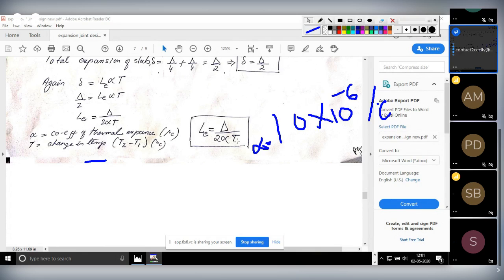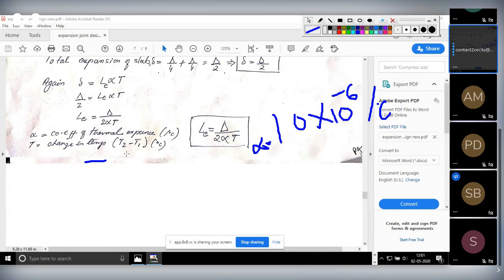Whereas T is the temperature difference, or we can say the change in temperature. T1 is the temperature during the casting period, when we are constructing, casting, concreting the slab. That is your T1. T2 is the maximum temperature of the season, of the year. Sometimes they will not provide these T1, T2 values.